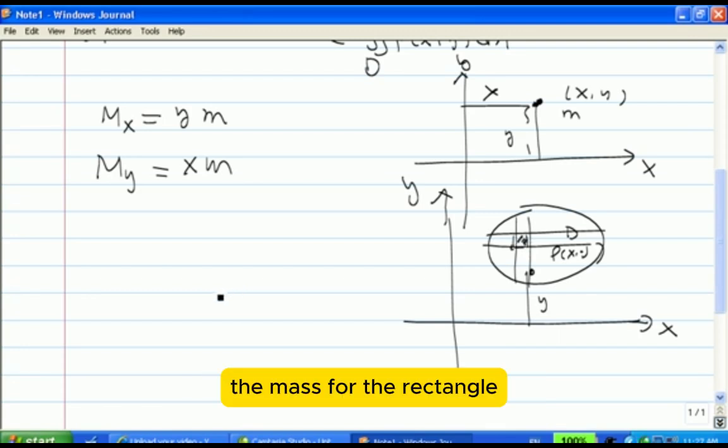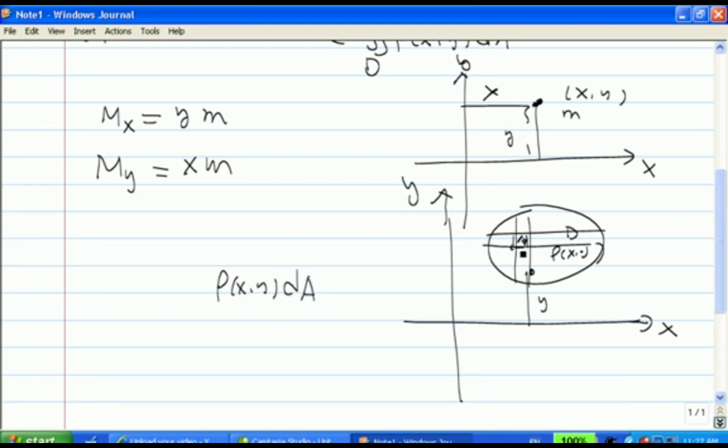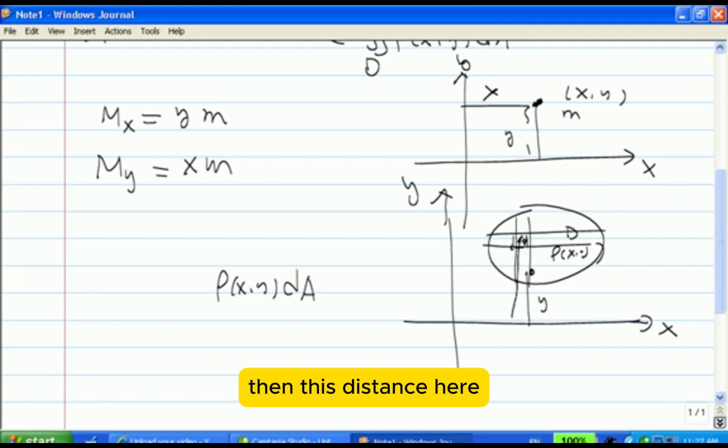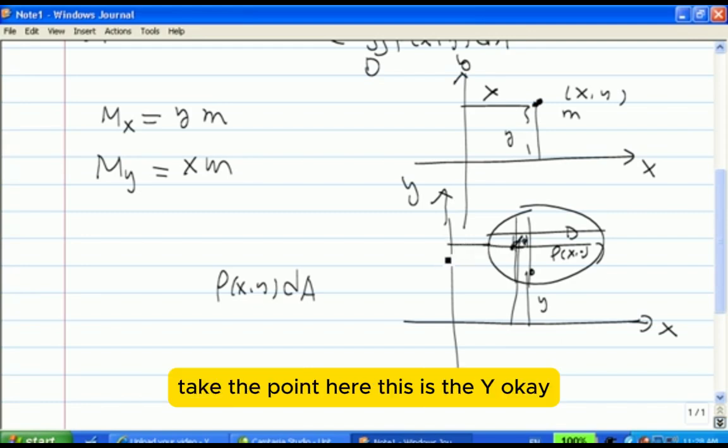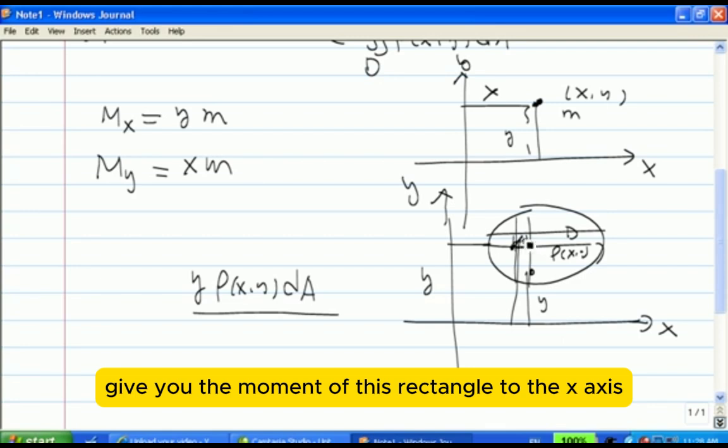The mass for that rectangle, remember, we can treat as constant density times dA. Then this distance here, you just roughly think of as y. Pick the point here. This is y. So y times that gives you the moment of this rectangle about the x-axis.